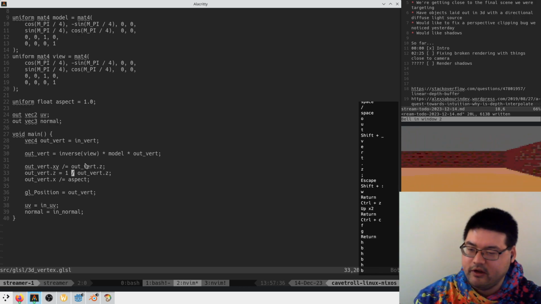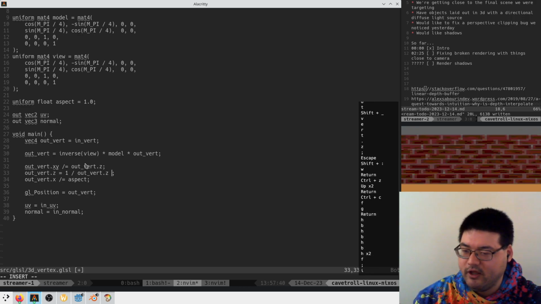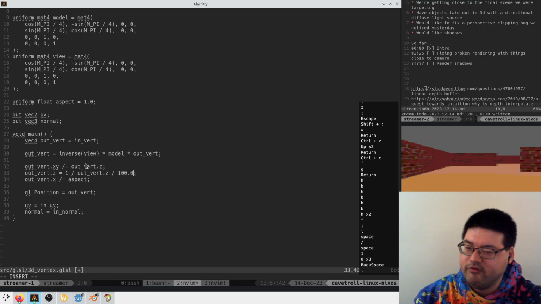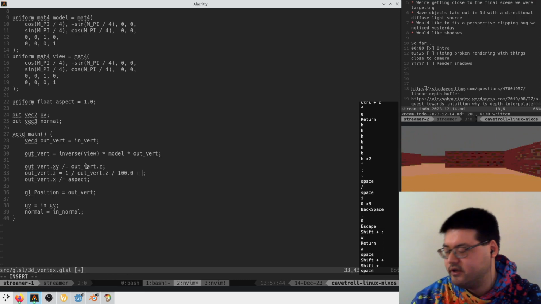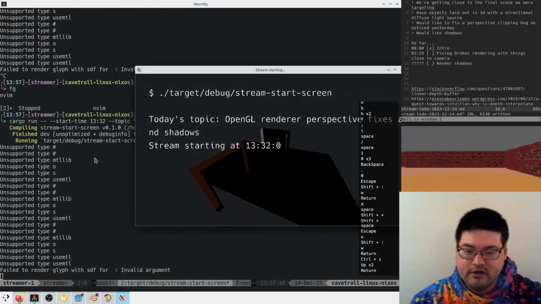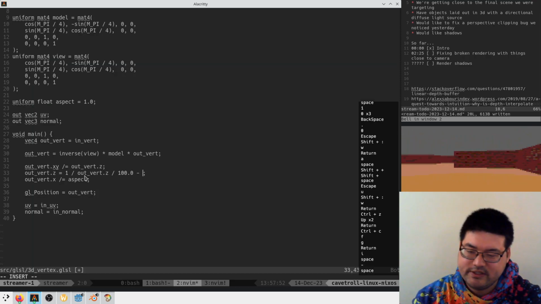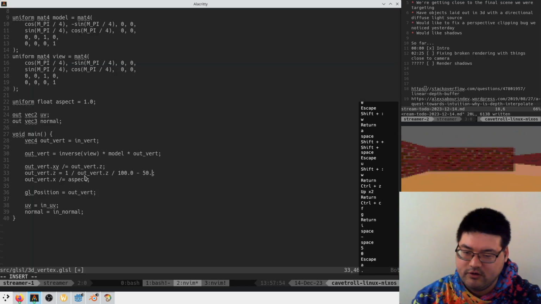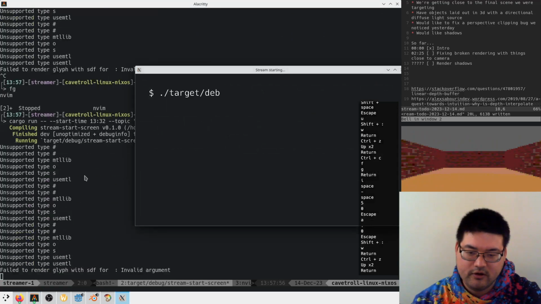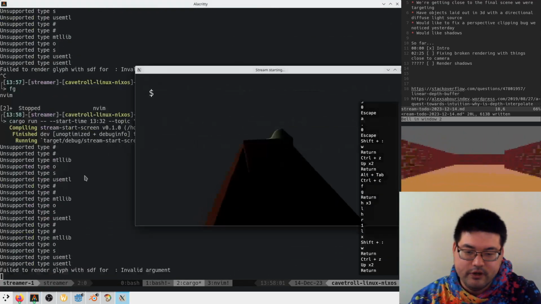So we just have to adjust this by making sure that his range is big enough and that he starts at a reasonable spot, by adjusting his near and far plane. So we'll adjust the near plane, I guess, to be like minus 50 or something. Maybe we'll start lower, minus 1.